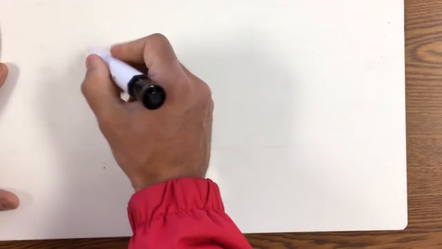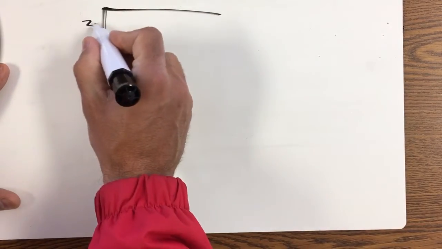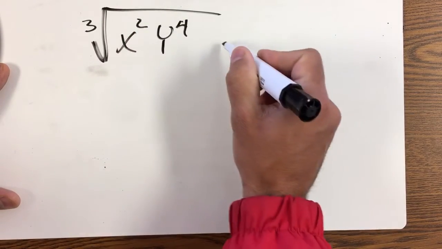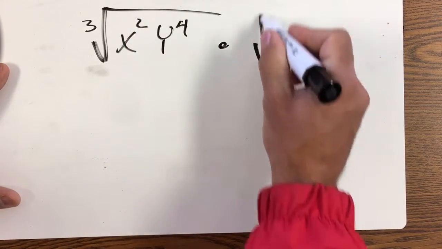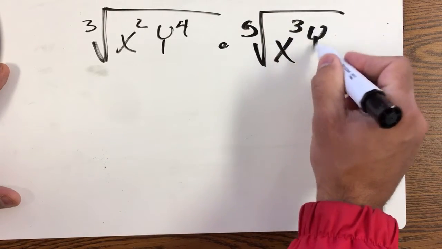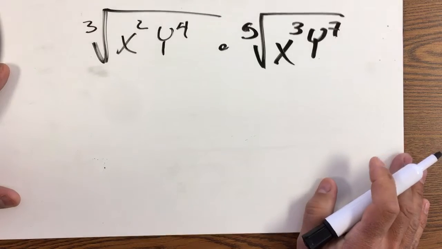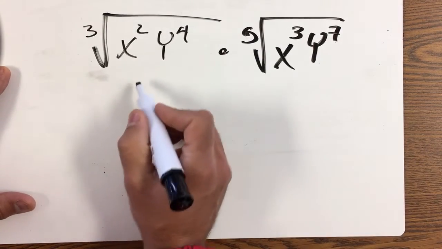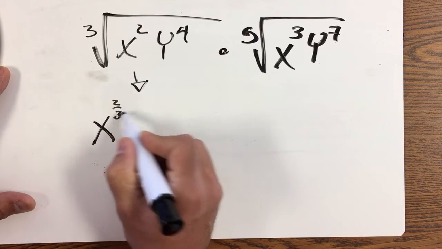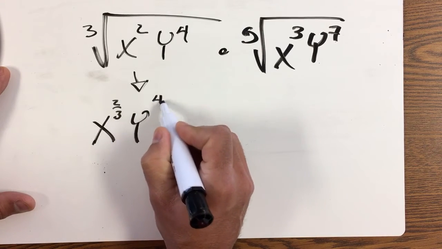Now when they give me two radicals, the first thing I'm going to do is write these with rational exponents. So this is going to be x to the 2/3, y to the 4/3.